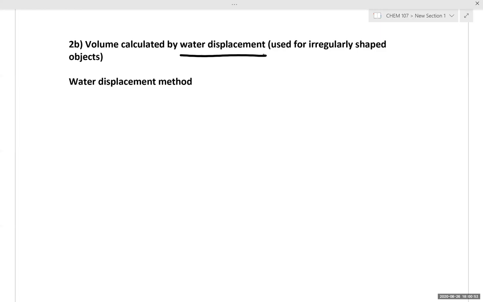If, for example, you've ever been to a pool, you notice that as people jump into the pool, the water level rises slightly. So in the water displacement method, it's based on this idea that objects will displace water based on their volume.